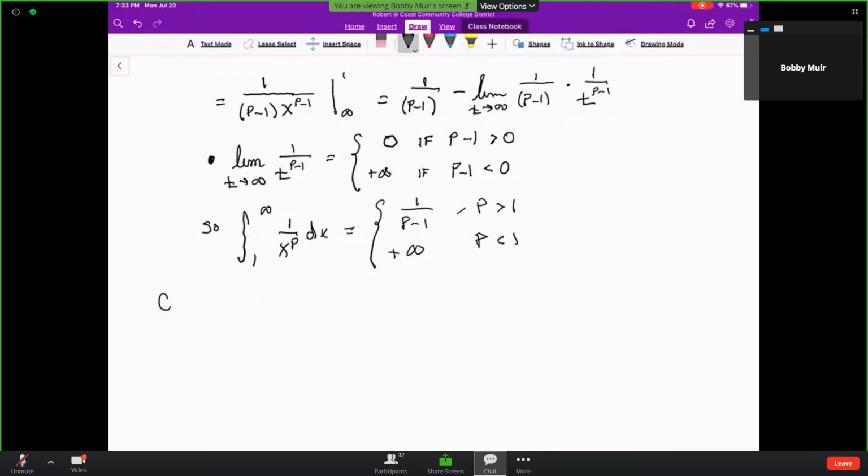Okay, so the conclusion, I'll call this the p-test: the sum k equaling any number to infinity of 1 over k to the p converges for p strictly larger than 1, and diverges for p less than 1.